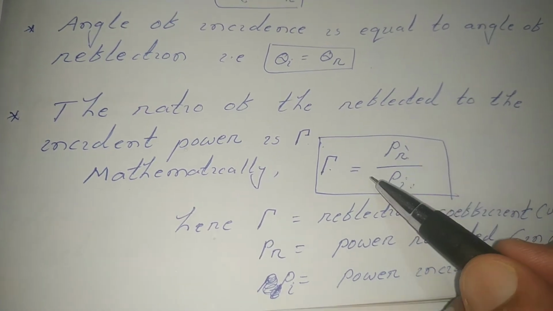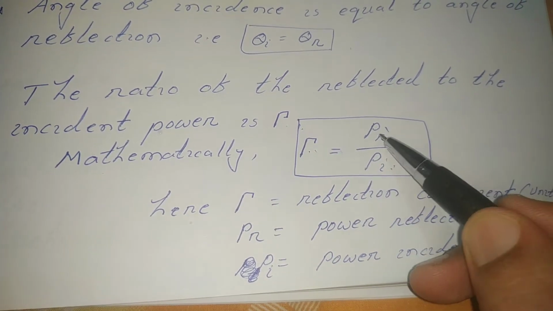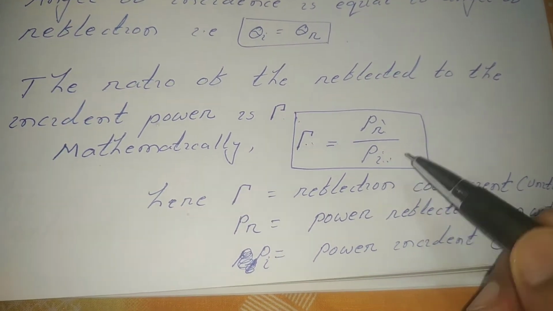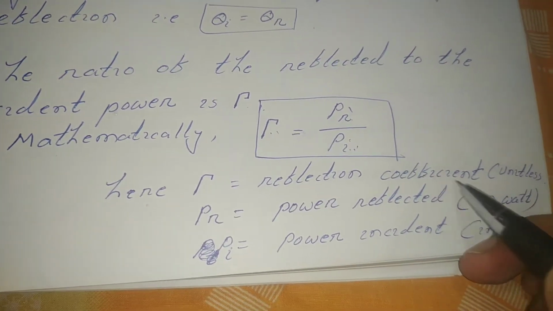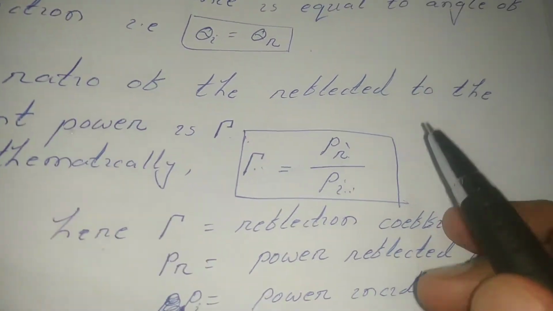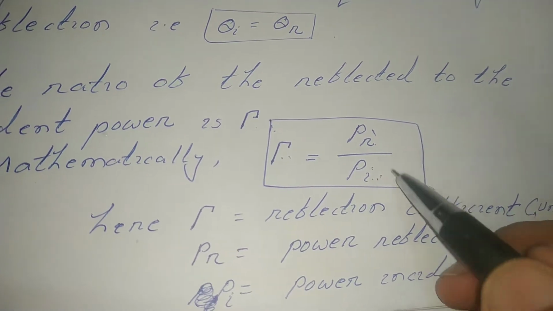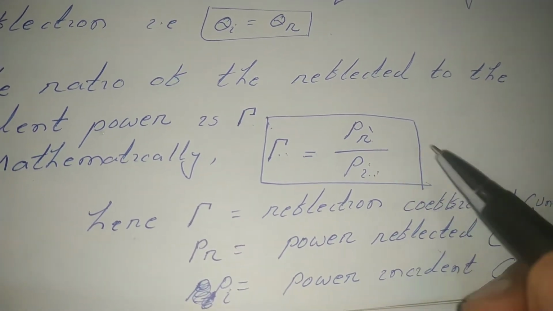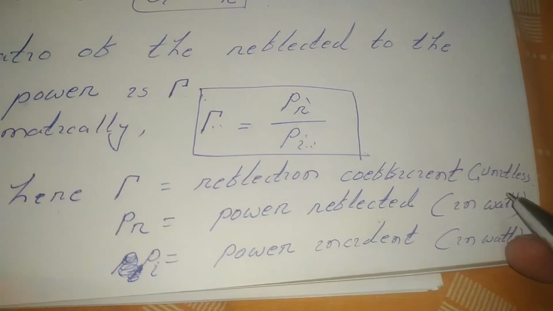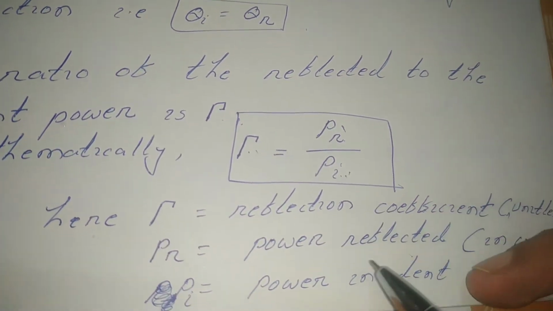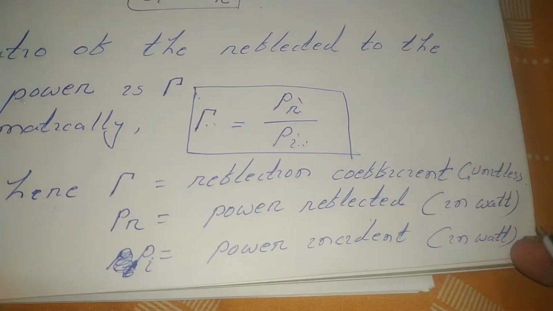So mathematically it is written as gamma equal to Pr by Pi. Gamma is the reflection coefficient, and that is unitless, and Pr is the reflected power, and its unit is watt. And Pi is the incident power and its unit is watt.